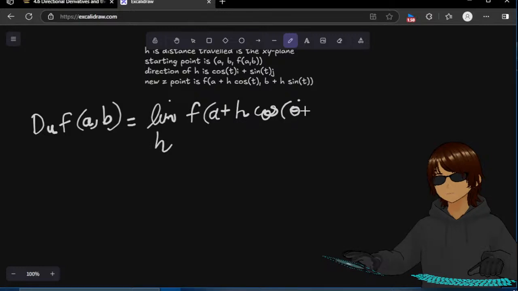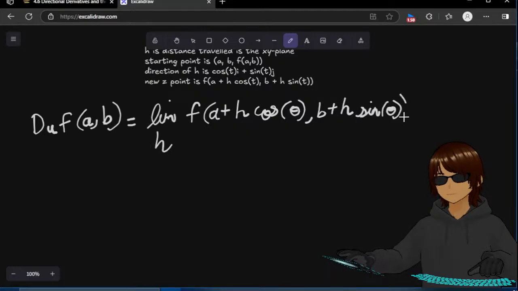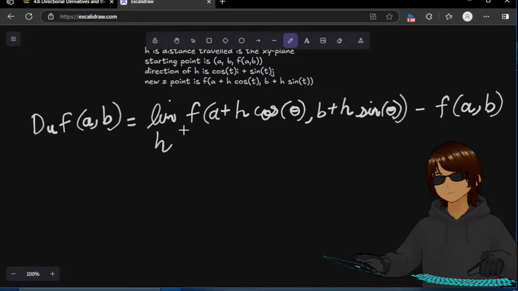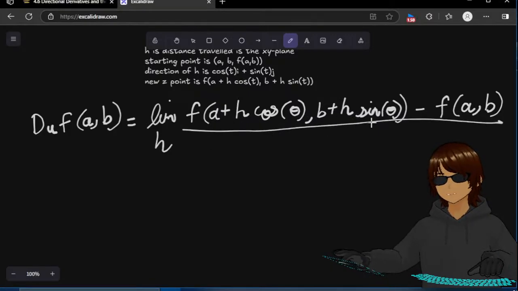So this is the new z. This is the old z. Change in z. This is the new z in the direction of u, divided by h. We take the limit as h goes to 0.